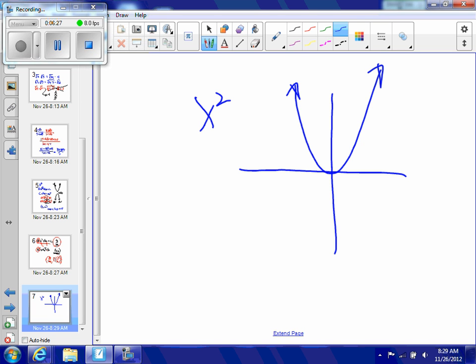So if there's a negative sign in front of x squared, it opens down. Sometimes if I'm really struggling with a more complex polynomial, which we're going to get into later this week, I'll go right back to this and plug in some numbers. For x squared, I know I have 0, 0, 1, 1, negative 1, 1, 2, 4, negative 2, 4, and for negative x squared, I can do some points and see, oh yeah, that's right, the negative means it opens down.